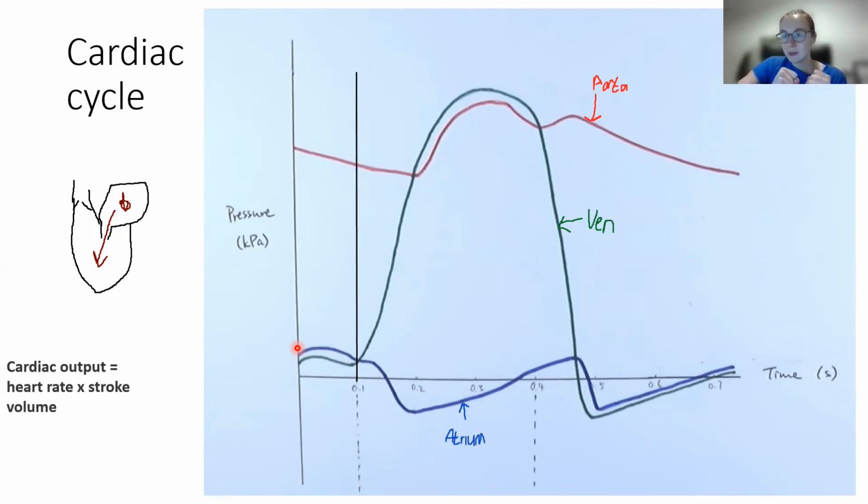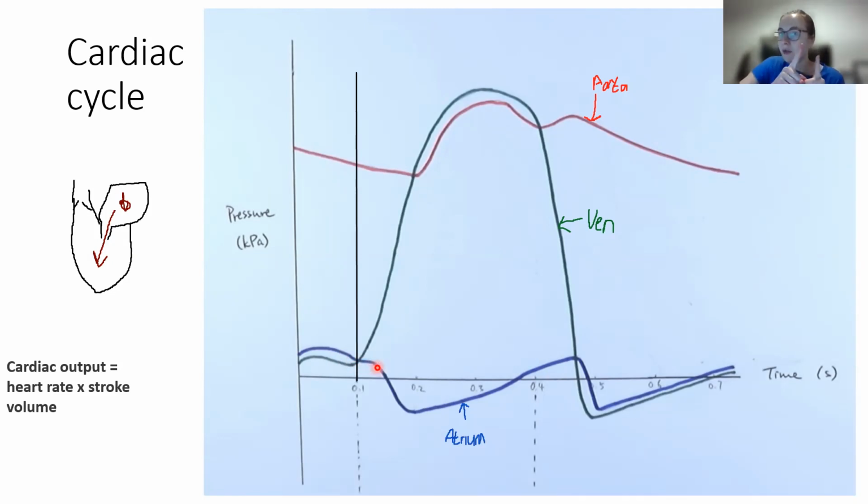So at this point, the atria finish contracting, so we've had the lub, and now we go to the dub. So now the ventricles are going to start contracting. At this point, you can see, if I get the little laser up again, that the pressure inside the ventricles starts to increase past the pressure inside the atria. That's important.